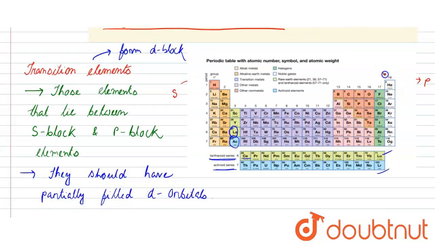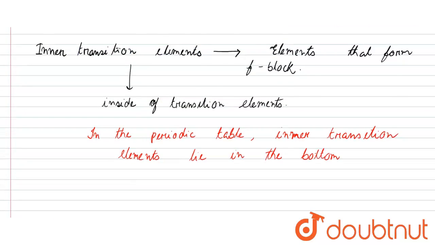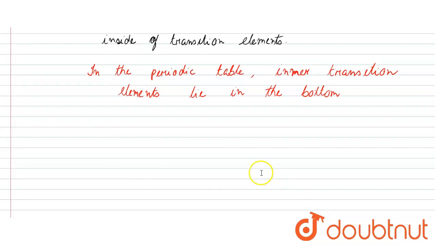Group number 18 elements are noble gases. We are asked why they are considered unreactive. We can say the noble gases have completely filled outer shells.